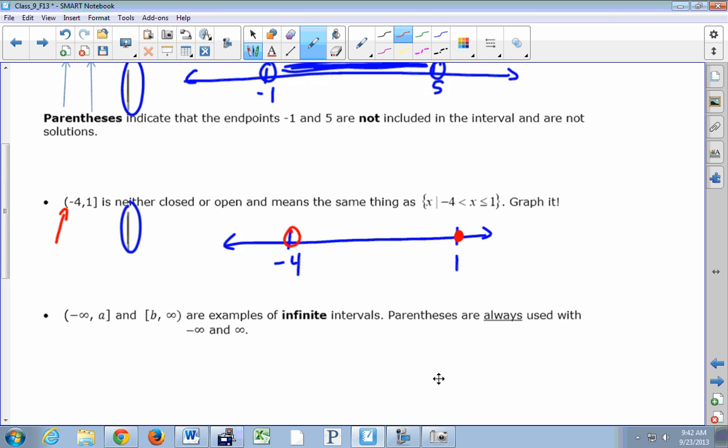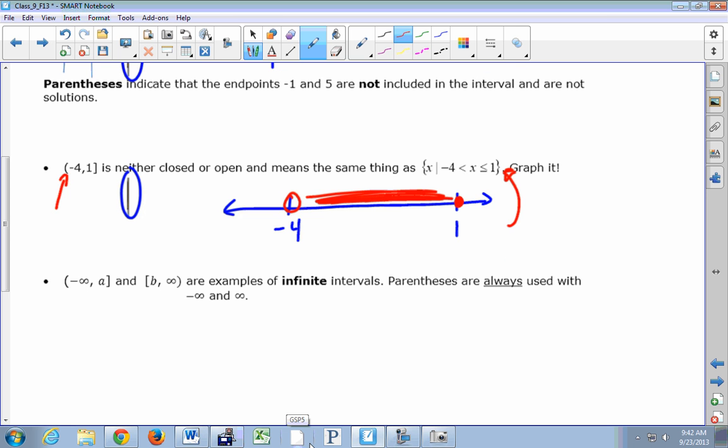We're not including -4. It's not part of our solution. Then everything in between gets colored. And look right above, everything I've shown you in set builder notation. So notice x is less than or equal to 1, but it's greater than -4. So you got the number line picture, you got your set builder picture, and now you've got your interval notation.